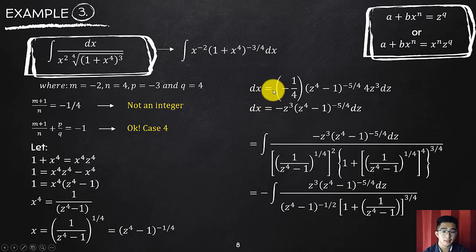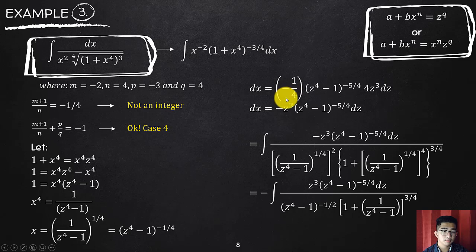So dx is n, negative 1/4, quantity u raised to n minus 1, correct? So z raised to 4 minus 1 raised to negative 1/4 minus 1. Negative 1/4 minus 1 is negative 5/4 times the differential or the derivative of the term inside, z raised to 4, that is 4 z cubed dz. Simplifying, I think 4 will cancel out with 4.